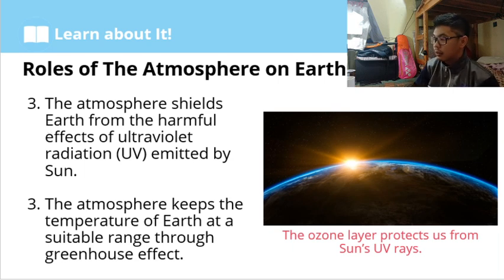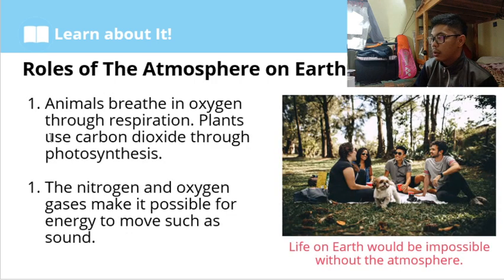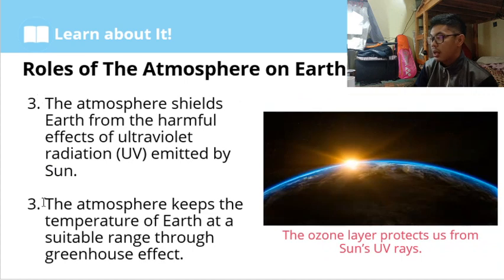And lastly, I'm sorry the numberings are kind of jammed here. We have this one, 1, 2, this is 3 and 4. The atmosphere keeps the temperature of the Earth at a suitable range through the greenhouse effect. Later on I will explain the greenhouse effect, because when you talk about it, the connotation of people is that this is something harmful or disadvantageous.